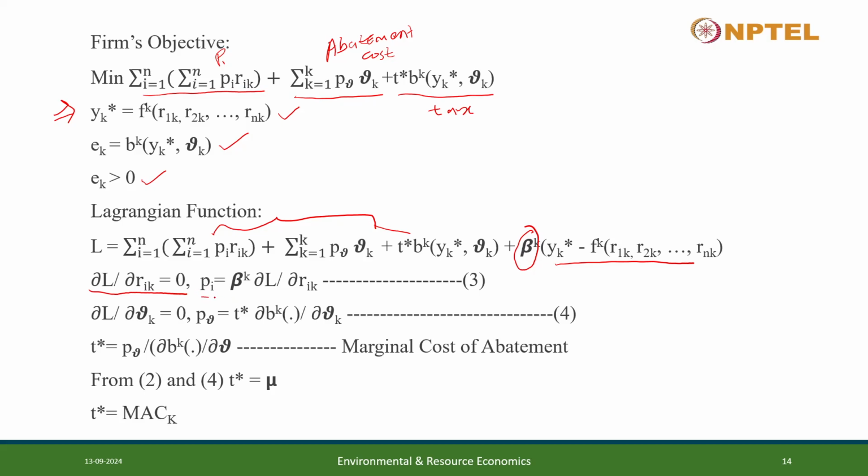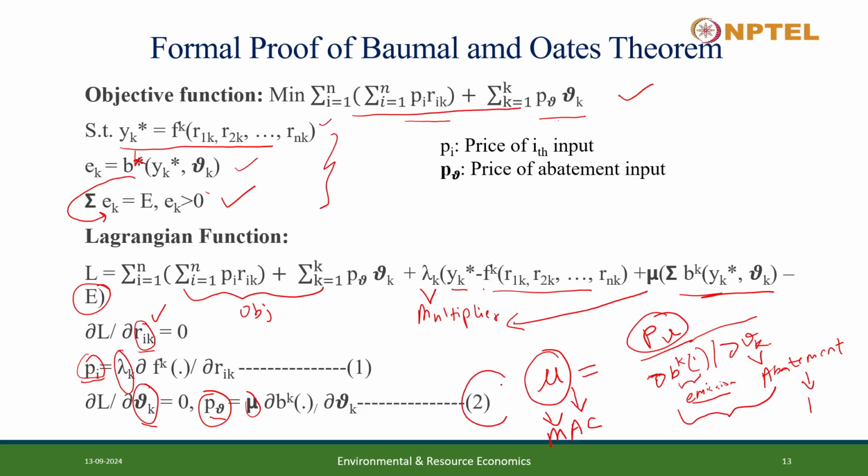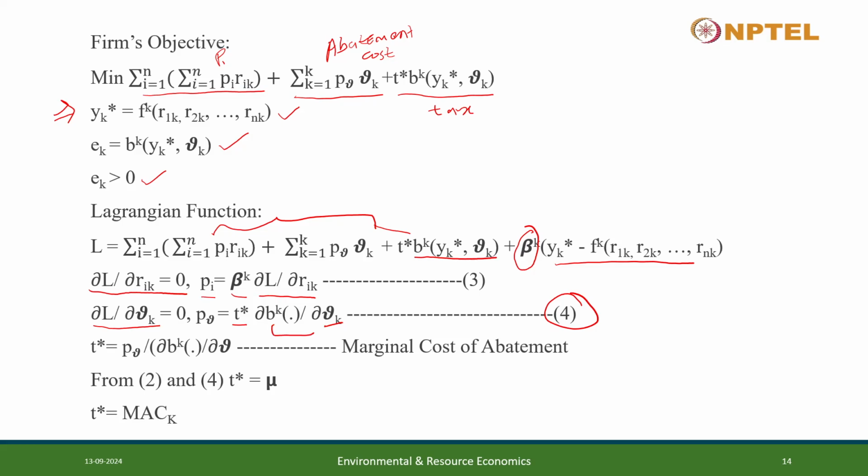Then I get pi equals beta k times del of this. And if I differentiate the Lagrangian function with respect to bk, then I get t times the change in this with respect to bk, right? From equation number 4 and equation number 2, this term and this term are the same, and pv is on the left hand side.